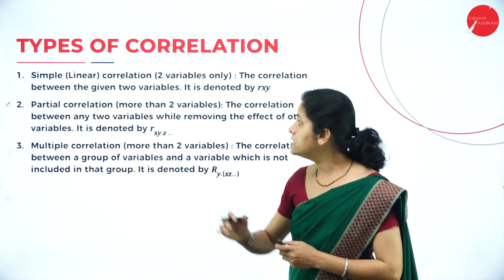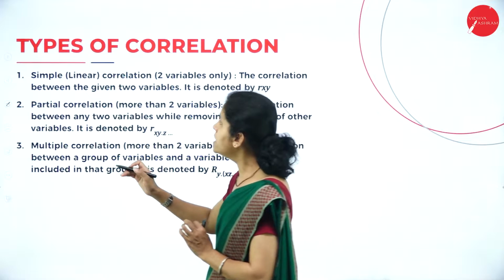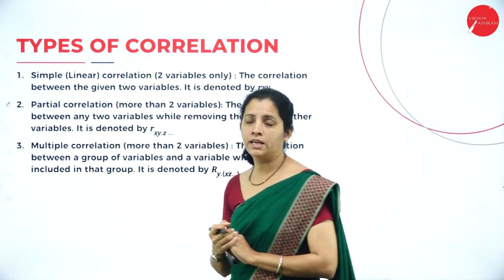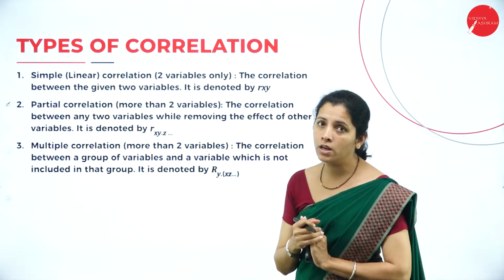Now, if I consider types of correlation, there are three types of correlation. The first is simple correlation. So what is simple correlation?